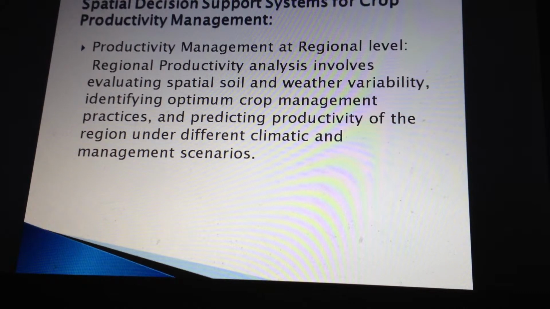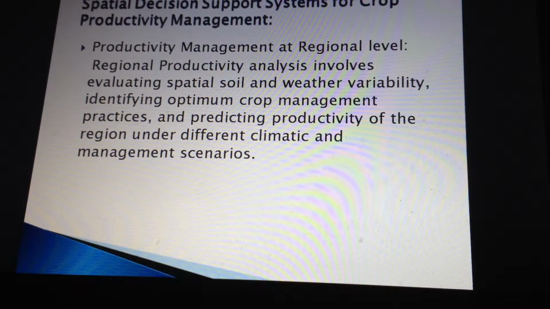Now we're going to talk about spatial decision support systems for crop productivity management. Productivity management at regional level. This is the first point.